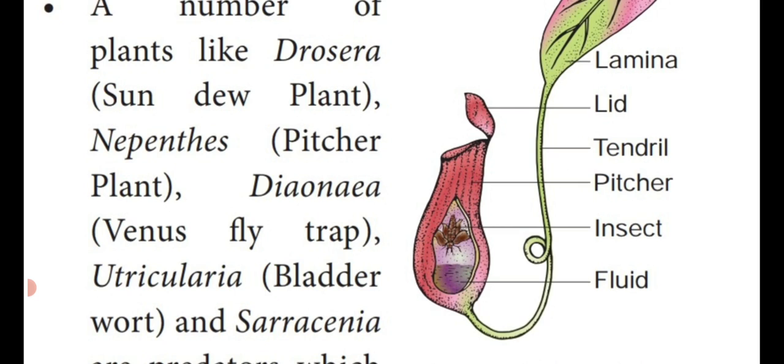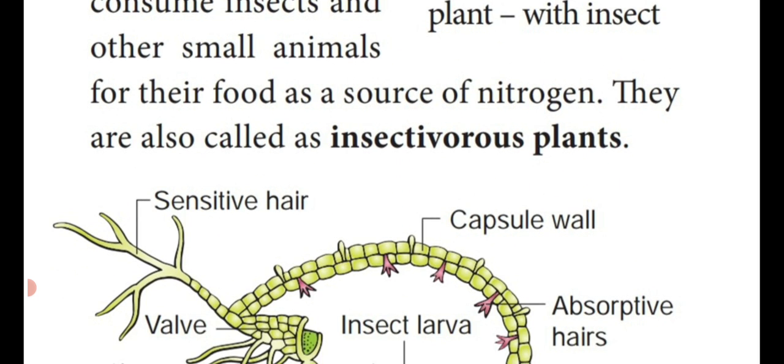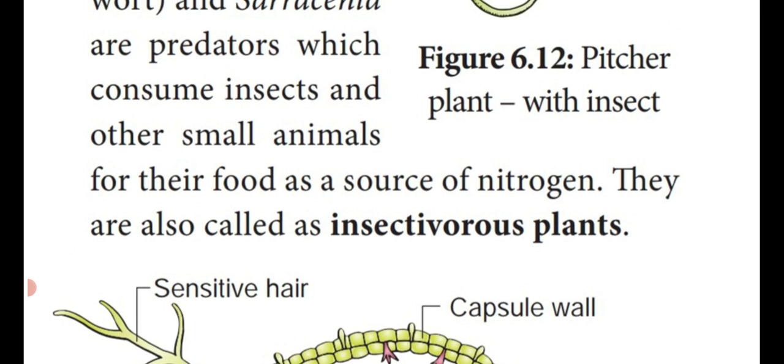Due to the nectar, they glitter in the sunlight. The insects are attracted by the nectar like honey, and once they come in contact with the mouth region, the lid is closed and the insects fall into the center of the jar, which contains digestive enzymes to digest the insects for nitrogen. So these are known as insectivorous plants.